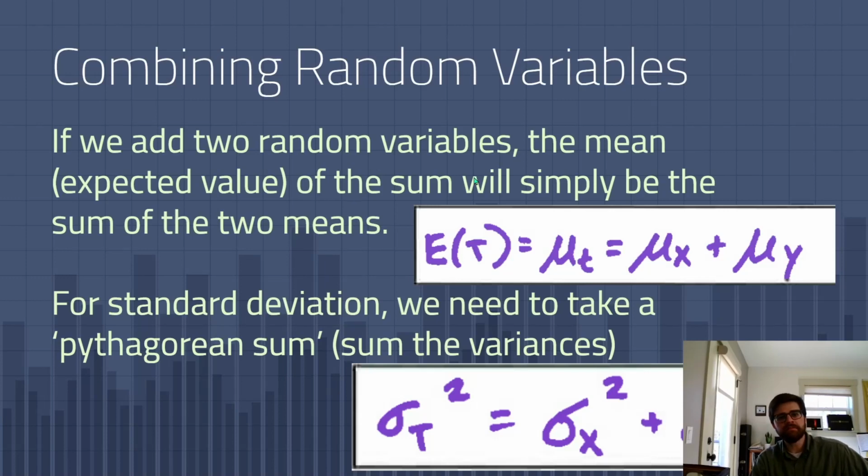Okay, now let's look at combining random variables. What if I wanted to take two random variables and put them together? Okay, that's possible, and it's actually pretty intuitive. So for the average, it's going to be really straightforward. The average of some totaled random variable.